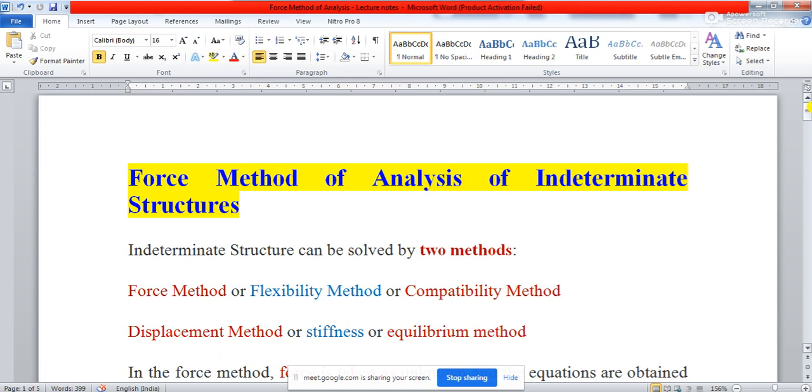I think Ankita madam has discussed all the deflection calculations using different methods. You remember the moment area theorem, conjugate beam method and energy method, and in the previous semester in strength of material we also discussed Macaulay's method. I hope you remember all these things.